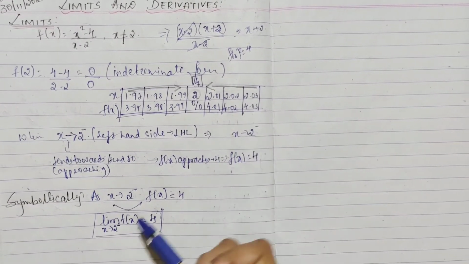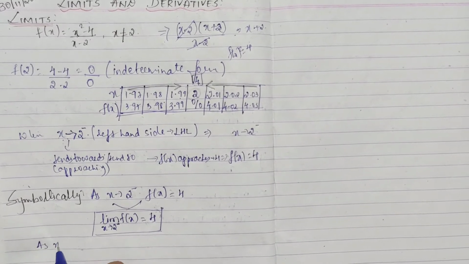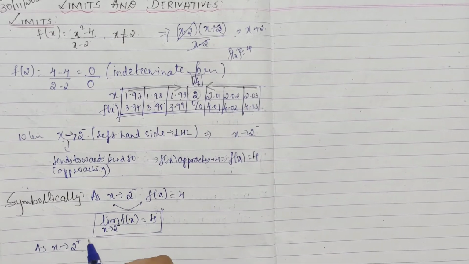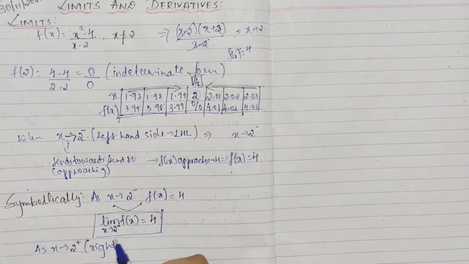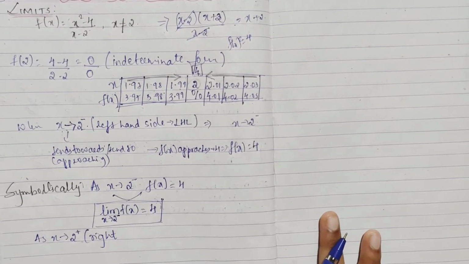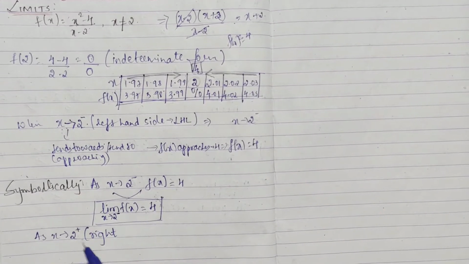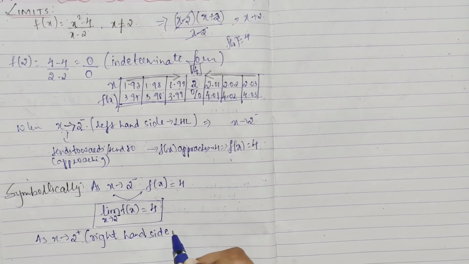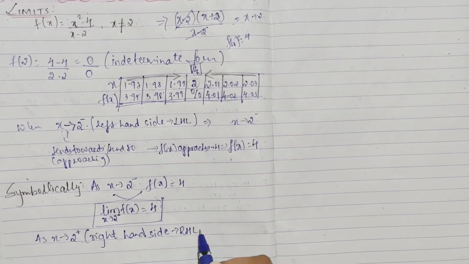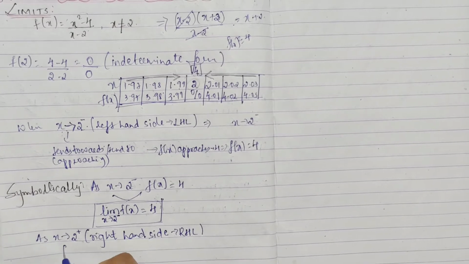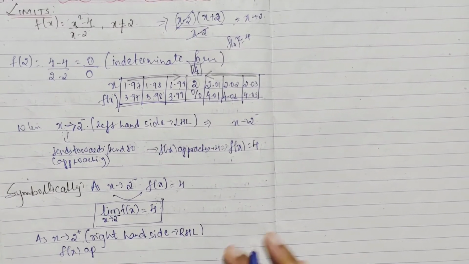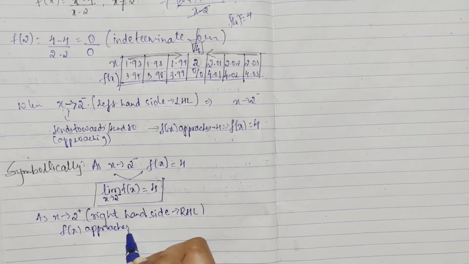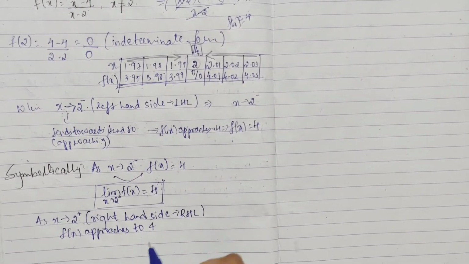Same from your right hand side: as x tends towards 2 from the right hand side, this is called right. For the right hand side we give a superscript plus, and this is called RHL. Then your f of x approaches what? 4, right?